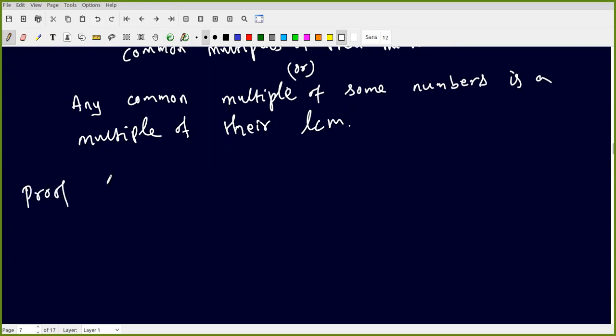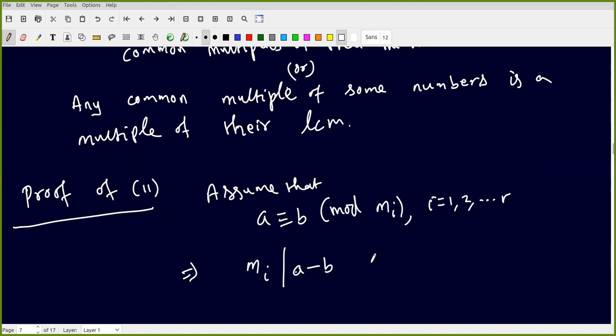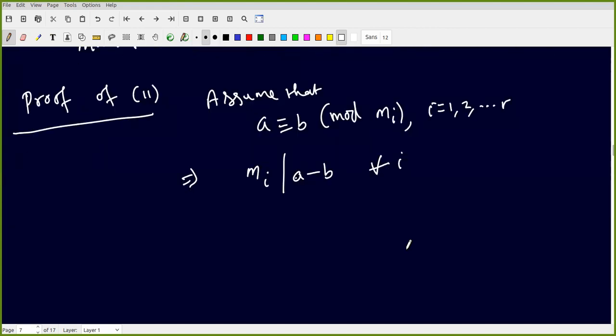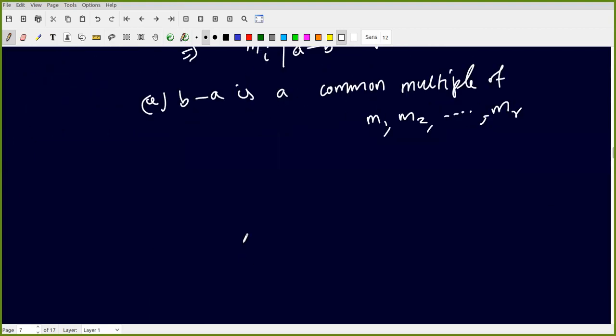So proof of 11. Let us assume that A is congruent to B modulo Mi, i from 1, 2, 3 up to R. By the definition of congruence, Mi divides A minus B for all i from 1 to R. That means that B minus A is a common multiple of M1, M2, etc., Mr. Any common multiple is a multiple of the least common multiple.